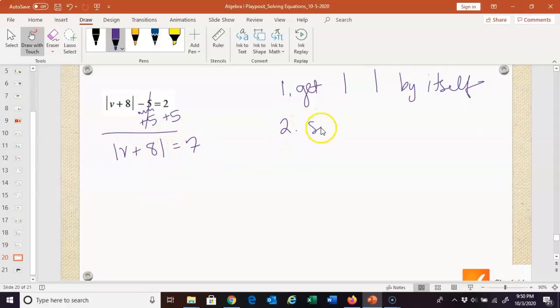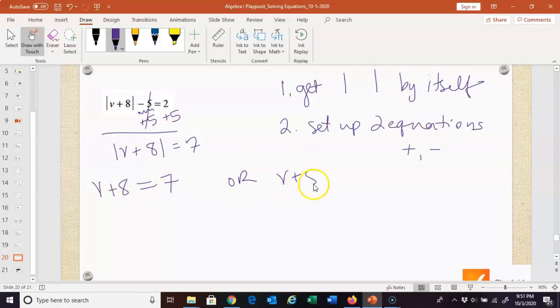Now step 2, set up two equations. Remember the positive one and the negative. So whatever's on the inside can equal the positive value, or whatever's on the inside can equal the negative value. Now we solve.